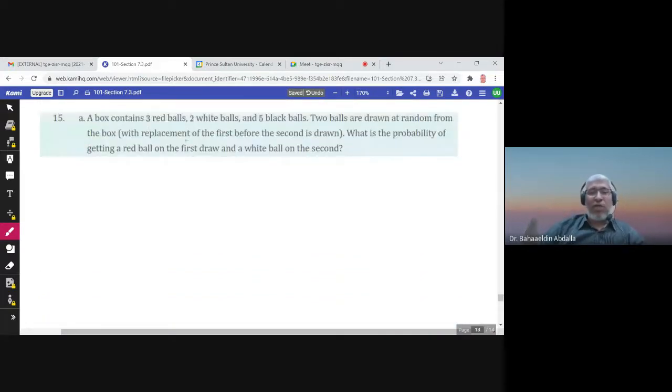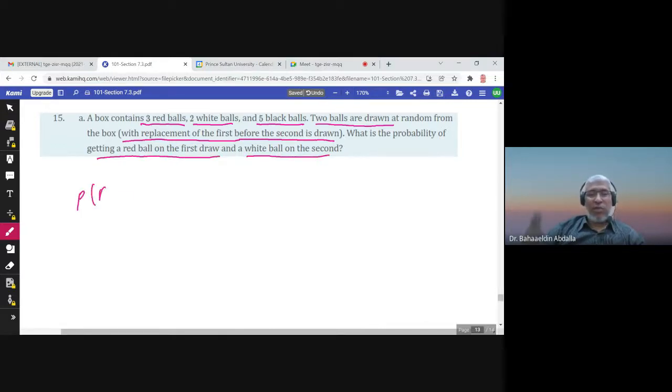A box contains 3 red balls, 2 white balls, 5 black balls. The total number is 10. 2 balls are drawn at random from the box with replacement of the first before the second is drawn. So we replace it, we put it back. What is the probability of getting a red ball on the first and a white ball on the second?